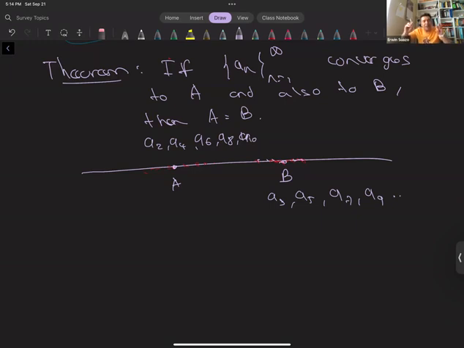So everybody's happy. It converges to two different points. Well, it doesn't work like that. You can have two different subsequences converging to two different points, and we will see something called Cauchy sequences. The idea of this math is to avoid that kind of stuff, not too much freedom. So they want monogamy.